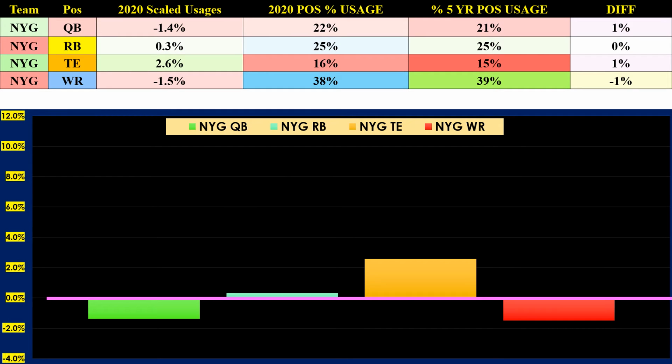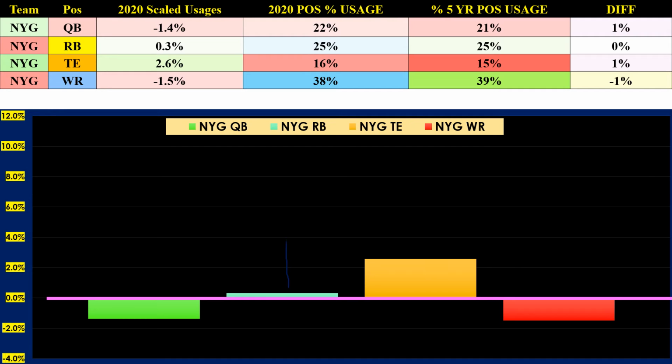The Giants have a tight end, and they certainly used it in 2020 compared to the average. It went up about 2.6% across the league. So they had some success, a little bit more balanced. So we may end up getting what we got last year. The only thing is they didn't have Barkley.